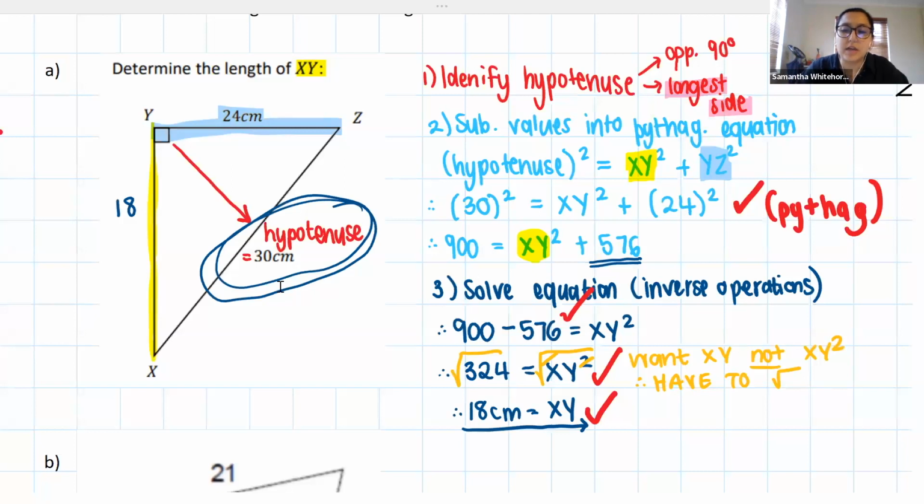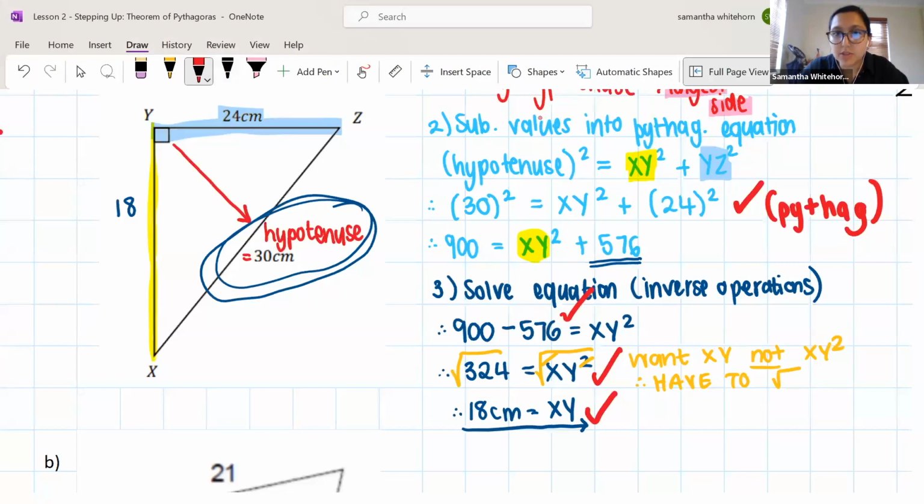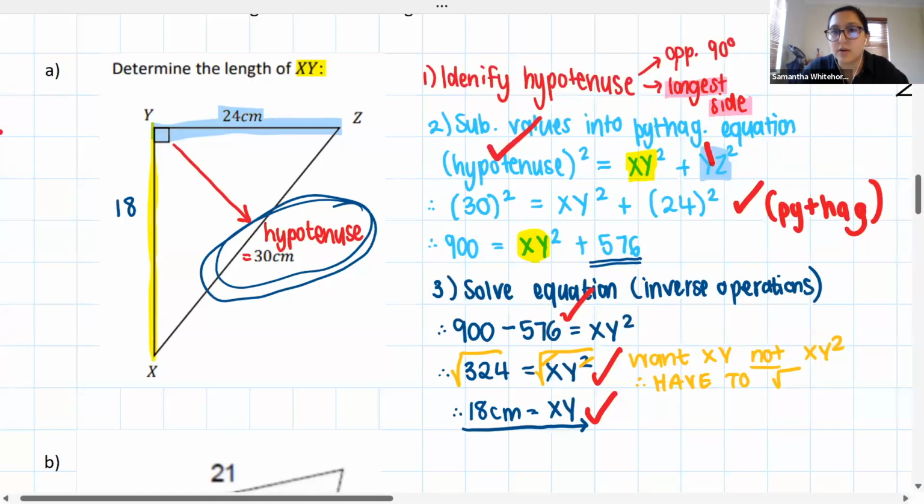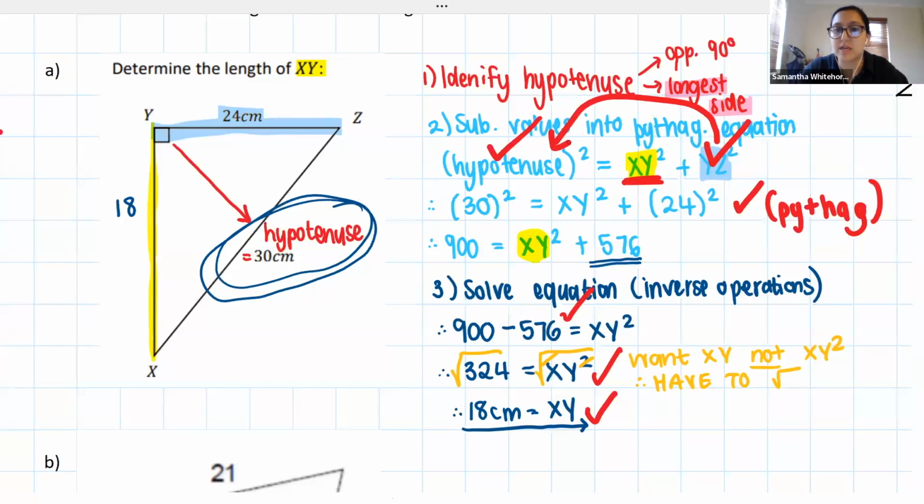Because, okay, grade 8, I want you all to listen to this because I'm not going to say it again, all right? So Lindo, the reason I'm not saying 900 plus is because 900 is the hypotenuse. Here we know what the hypotenuse is, all right? So in my equation, I know the hypotenuse and I know yz. Because of inverse operations, if I want to get this xy squared alone, I have to bring the yz over the equal sign.